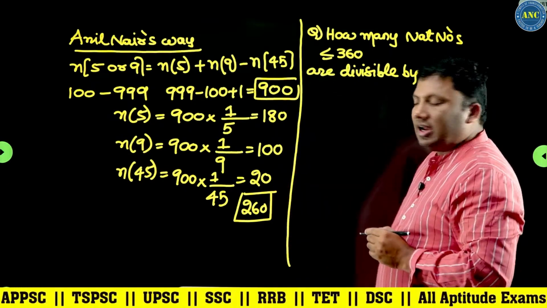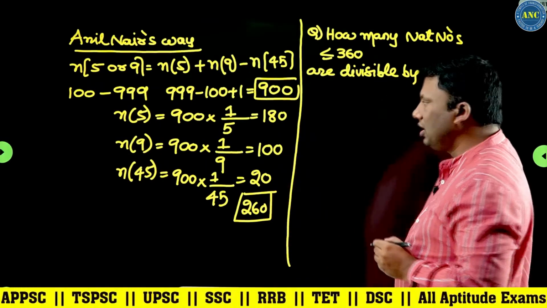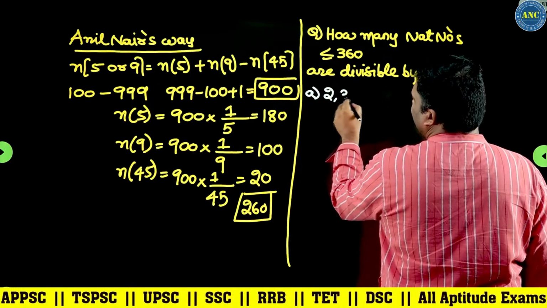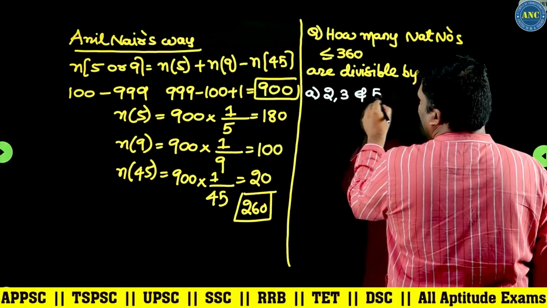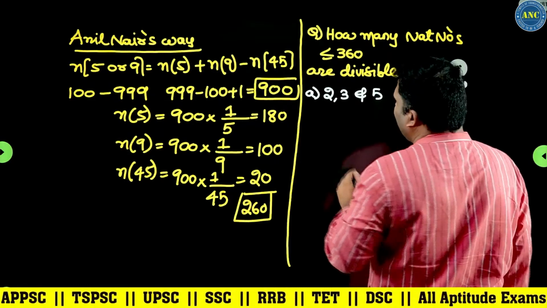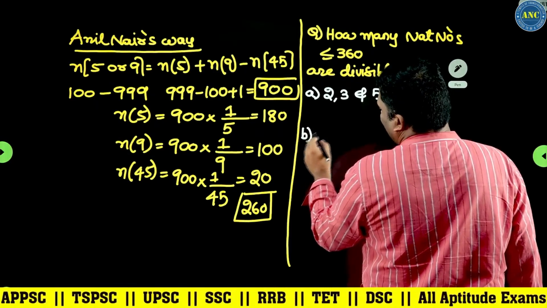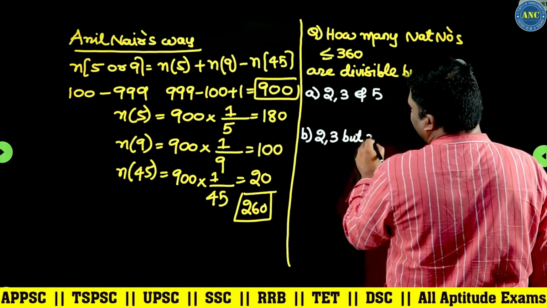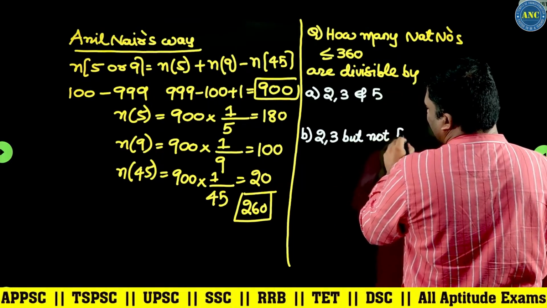First one, divisible by 2, 3 and 5. Next is 2, 3 but not 5.